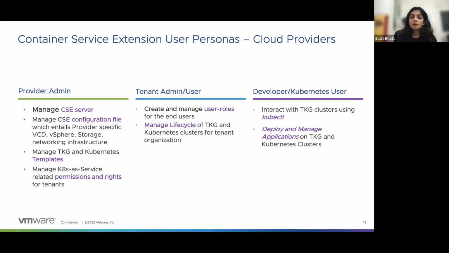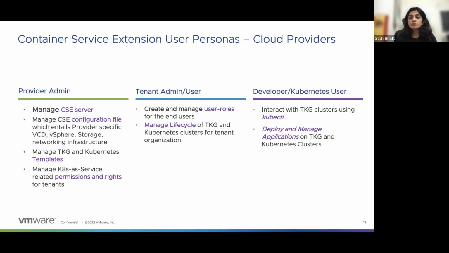They'll manage the template offerings to customer organizations. So if a new version of CSC or new templates are available with the new version, they'll have to manage those for the customer. And the last one is to manage the permissions and rights from the provider portal.